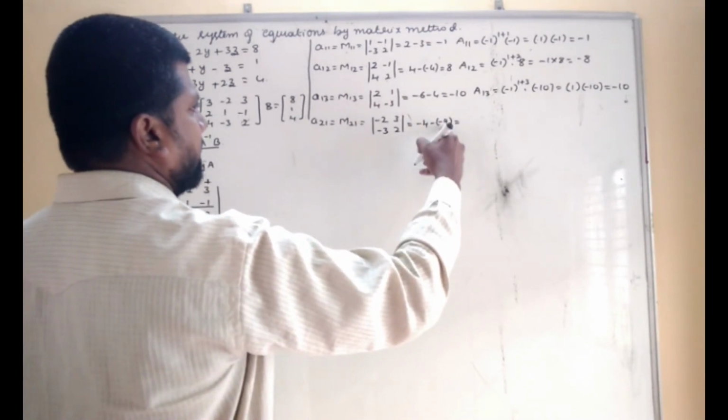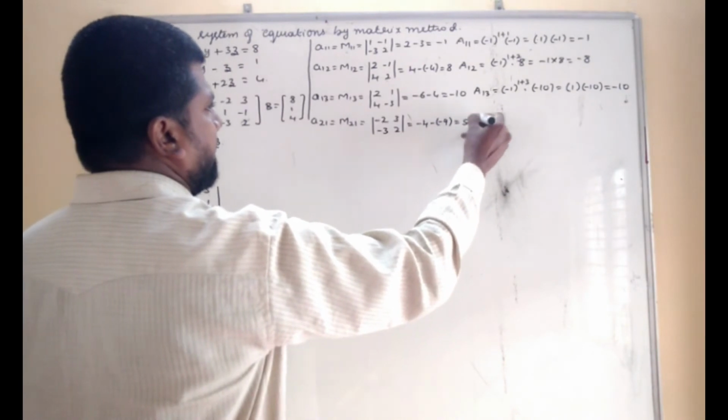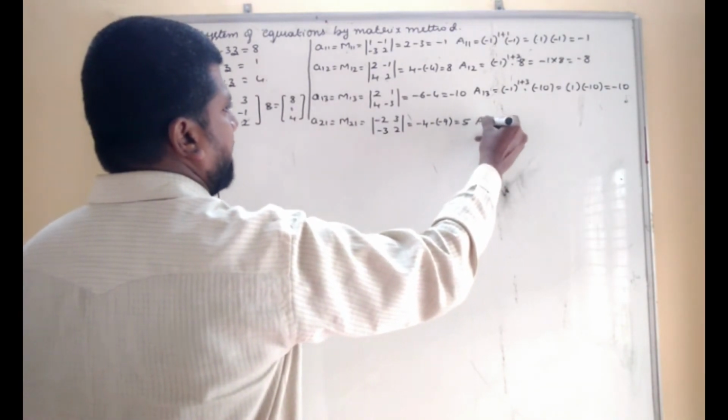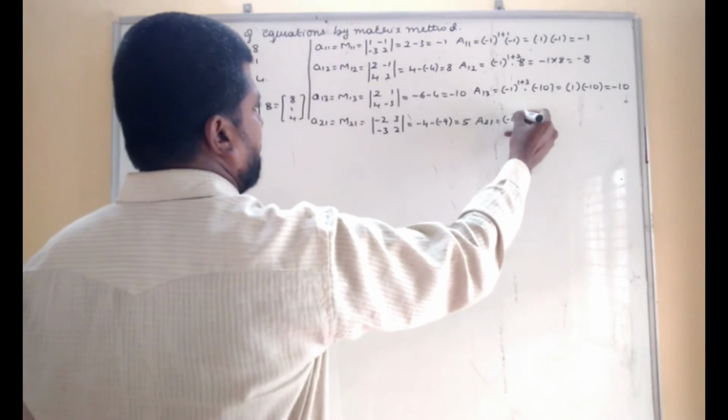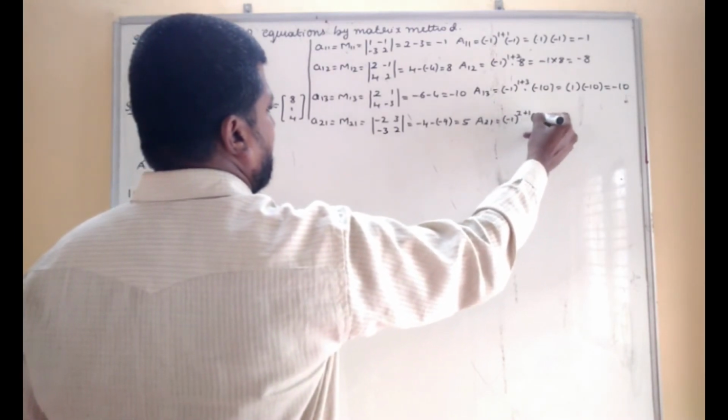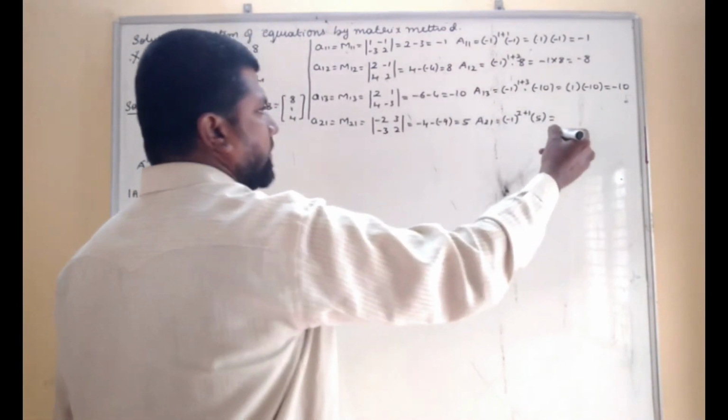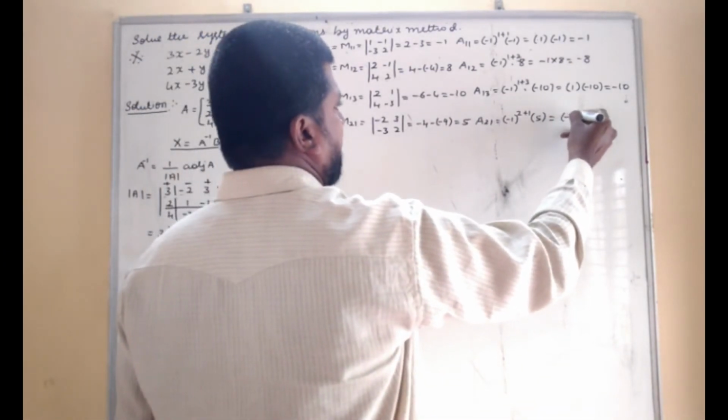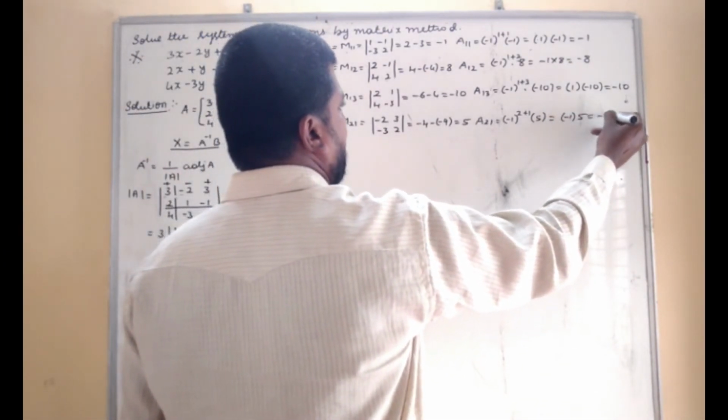Minus into minus is plus, so we are getting 5. A21 is equal to minus 1 whole to the power of 2 plus 1 into 5, that is equal to minus 1 into 5, that is equal to minus 5.